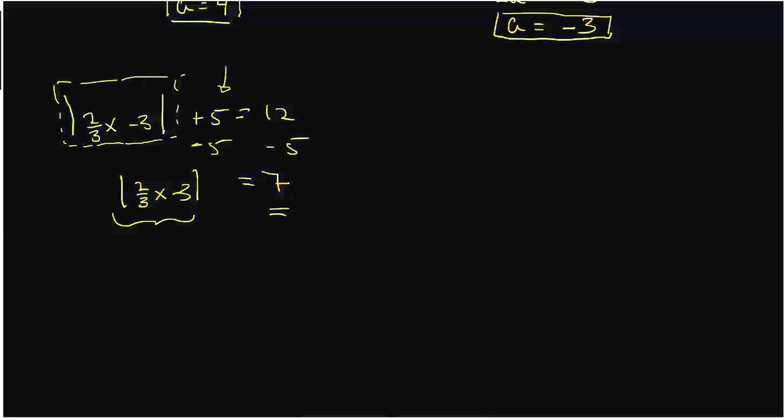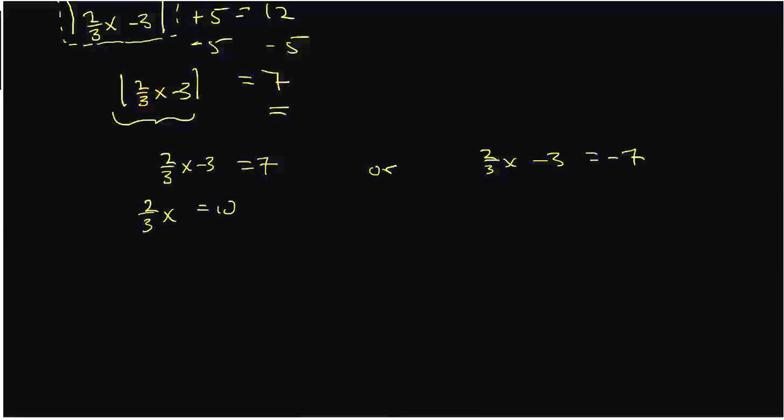So to solve it, we can just say 2/3 x minus 3 equals 7, or 2/3 x minus 3 equals -7. And then, of course, I can solve for x on both of them. 2/3 x equals 10.